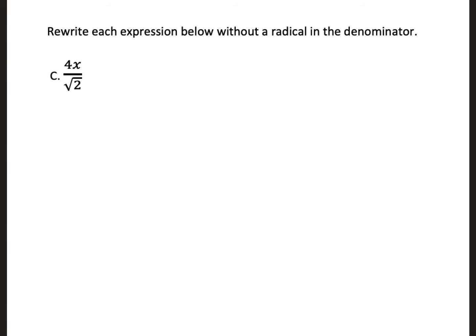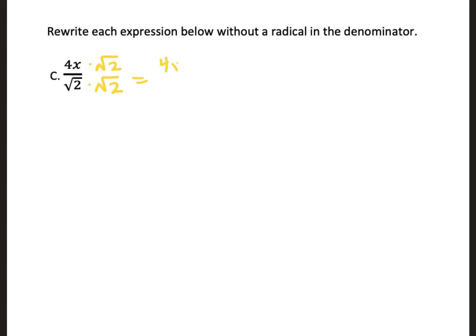We are going to rewrite each expression below without a radical in the denominator. To do that, we are going to multiply our term by that radical that's in the bottom, specifically for this one where you just have one simple square root on the bottom. So we're going to multiply the top and the bottom by the square root of 2. When I do that, 4x is just going to stay out front.